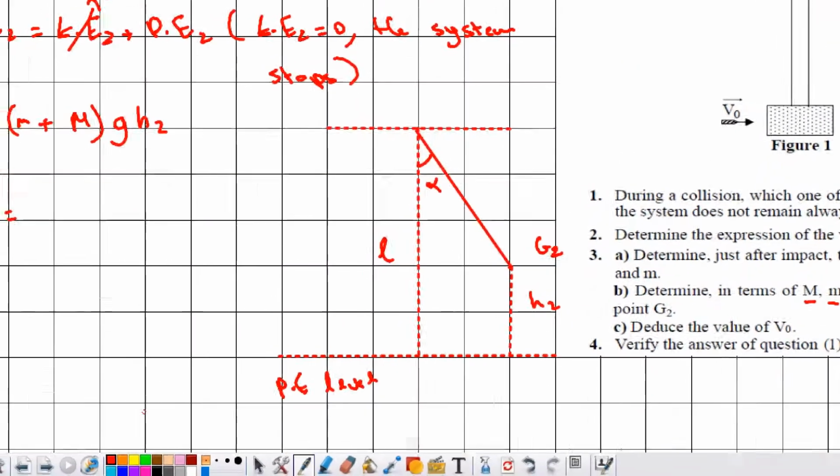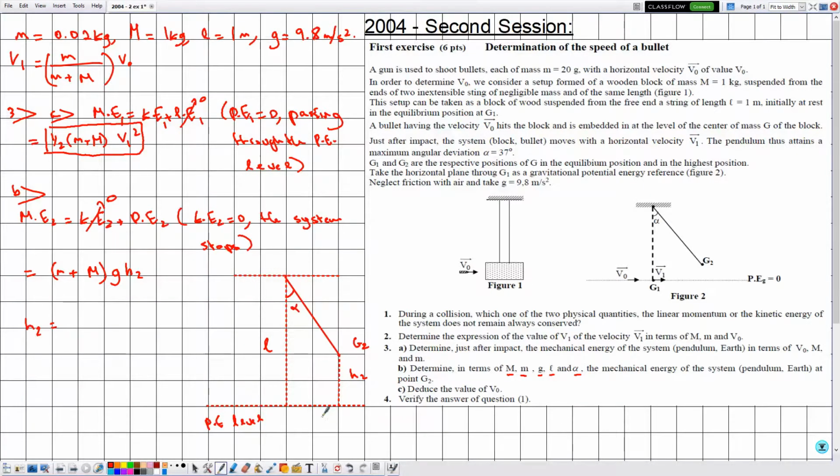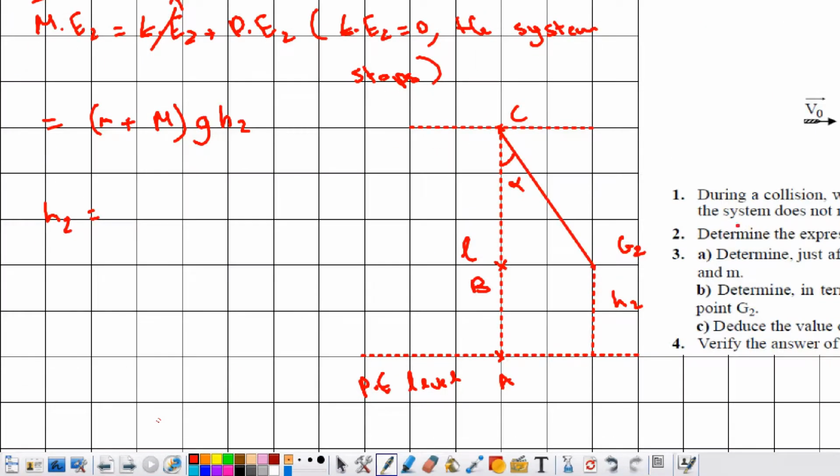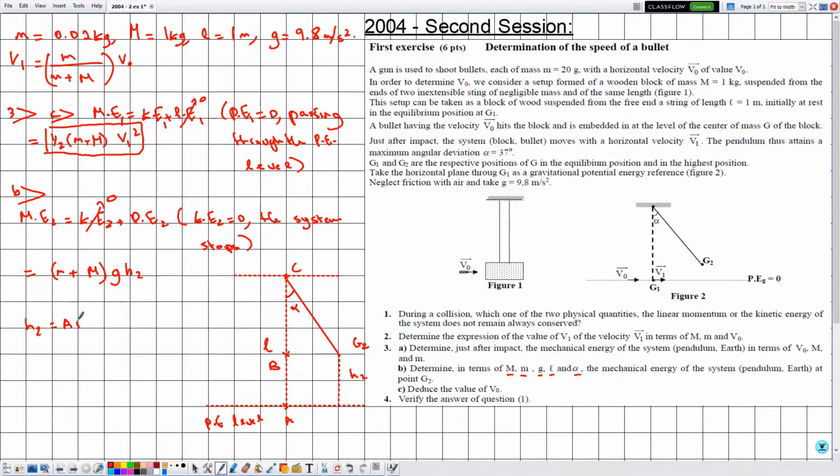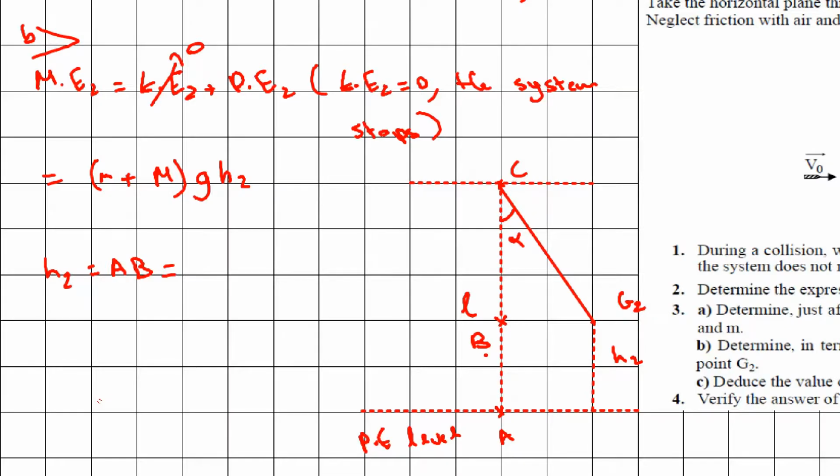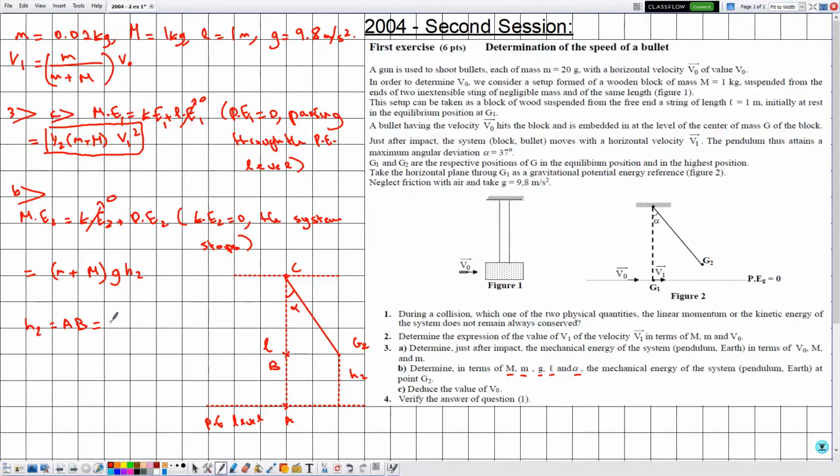So H2 in this case is equal to what? Let me label some points. If this is A, and this is B and this is C, then H2 is this distance from G2 to the PE level, which is AB, and AB is nothing but AC, from A to C, minus BC.